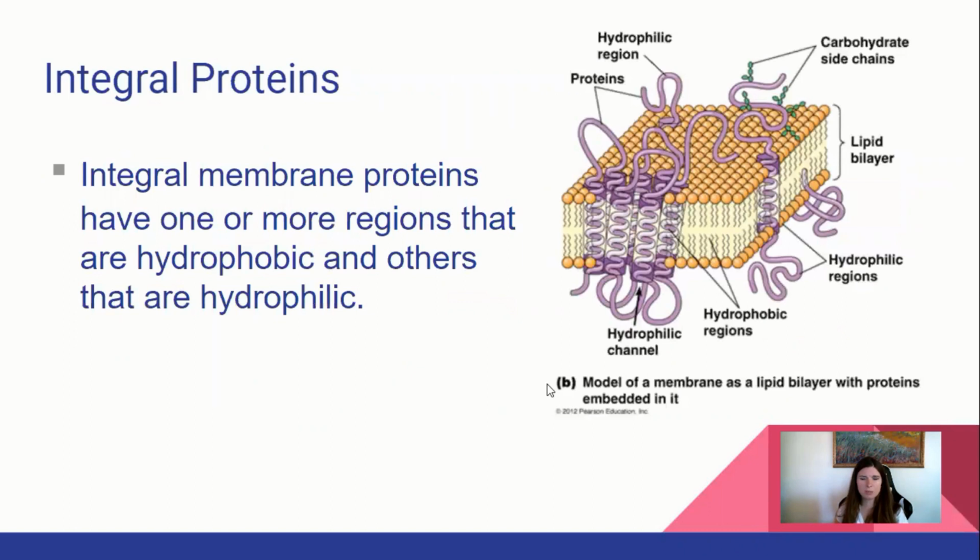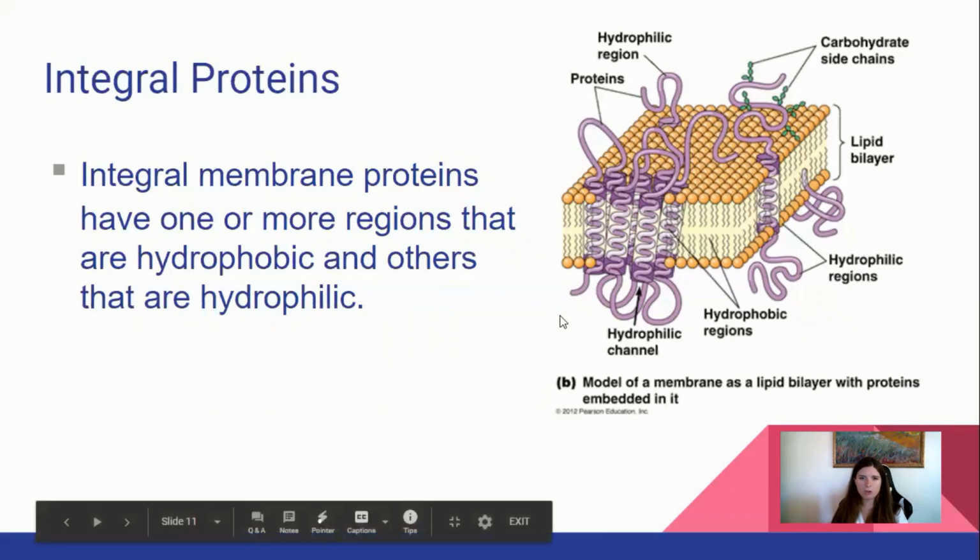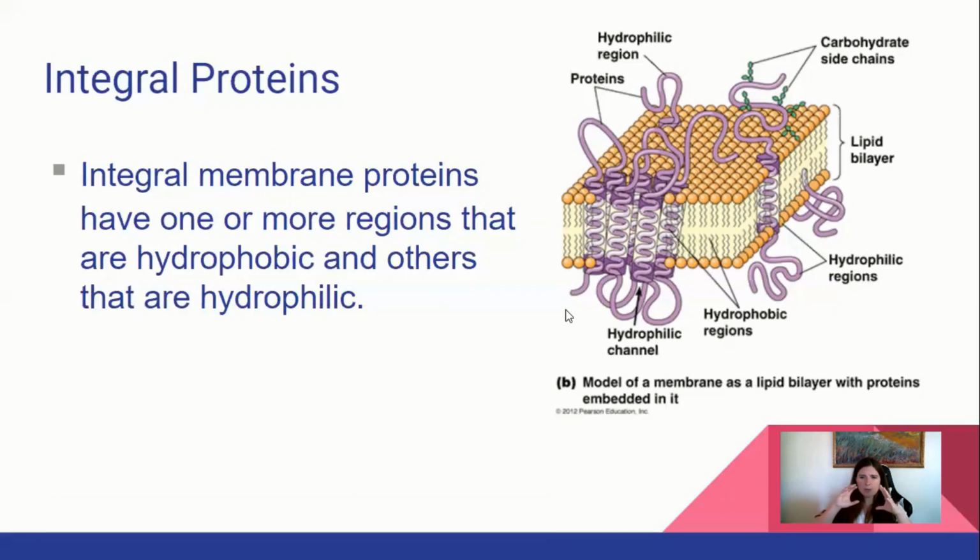So let's zoom a little more on an integral protein. Now, the reason an integral protein can go all the way through the plasma membrane and all the way across the phospholipid bilayer is because we remember when we have proteins fold, we go from our amino acids in that primary structure forming a polypeptide with their peptide bonds, right?